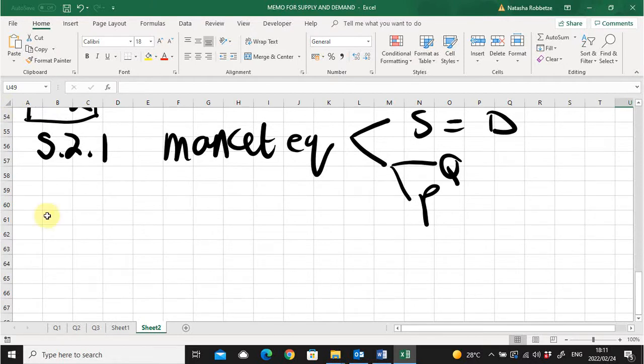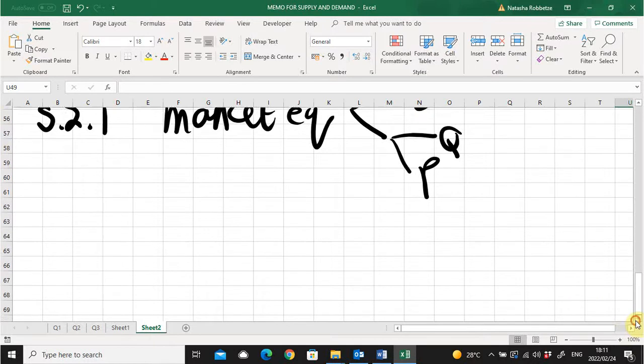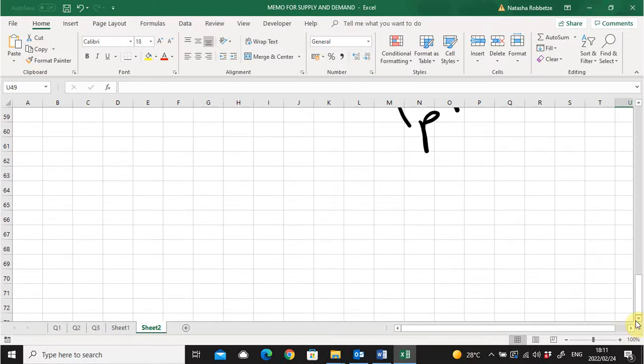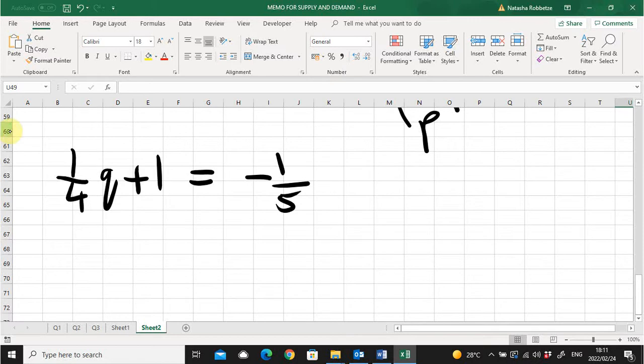So I'm going to start with setting the supply and demand equal to each other. Looking at the information given, it will be 1 over 4Q plus 1 set equal to minus 1 over 5Q plus 10. Again, we need to sort out our information and move it over the equation sign.